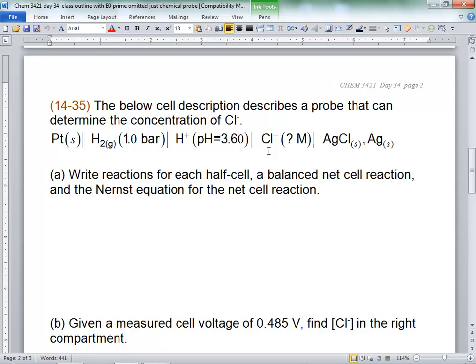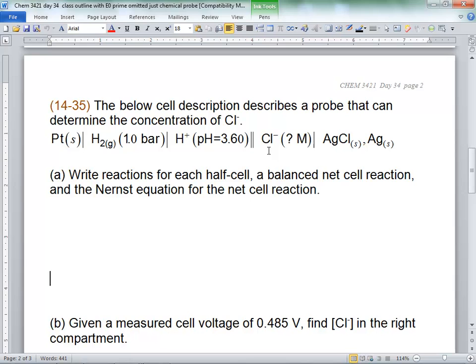No one brought their book. Chloride and silver chloride. Chlorine. Shoot. There it is.